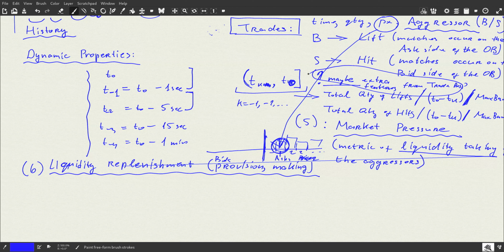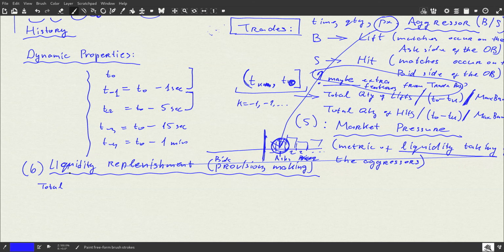Now liquidity replenishment. With the same timeline, you can compute the total liquidity in the simplest way.